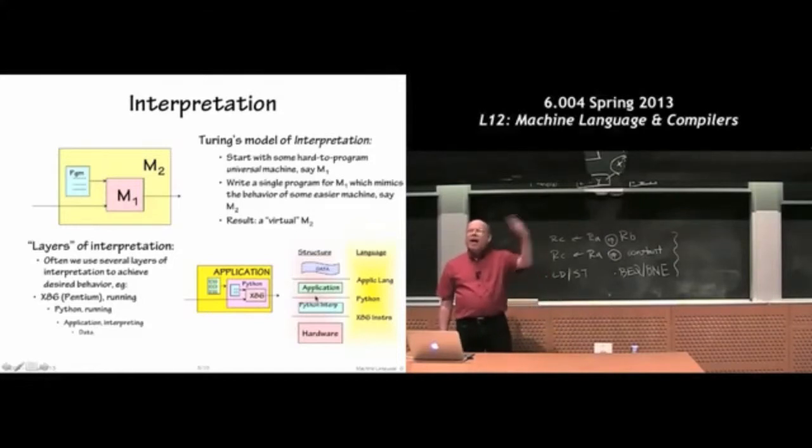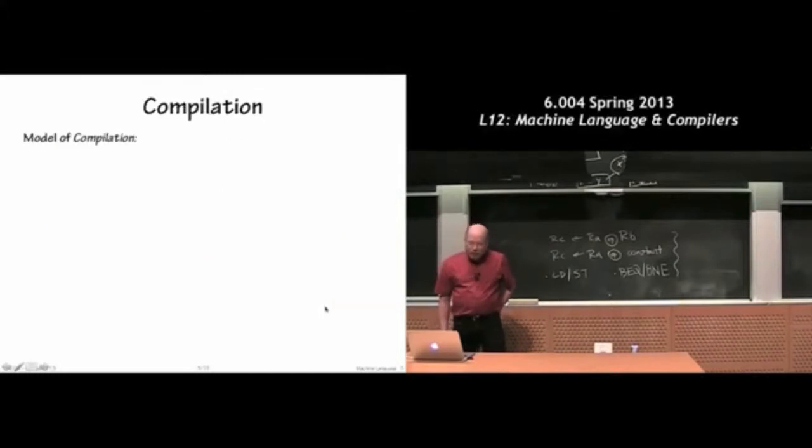If there's a loop, it'll go back and start reinterpreting the statements at the top of the loop. And of course, on top of that, my application may in fact be interpreting data or something like that. So that's what interpretation does: an easy way for us to write in a high-level language, but through all the hard work of the Python interpreter, actually execute it on a machine like the x86 or the Beta.